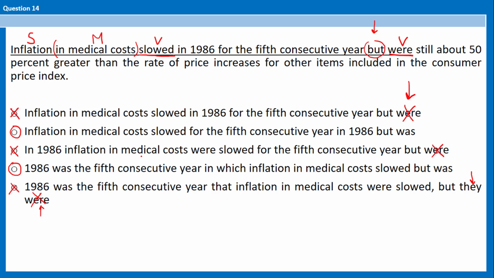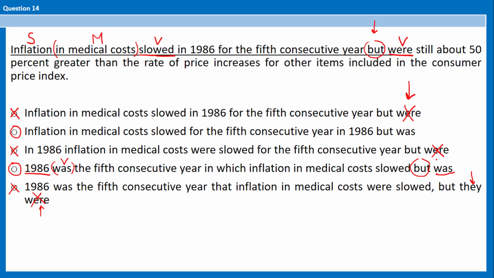Now be careful with number 4. In number 4 you are changing the subject. The subject is 1986 and the verb is was. 1986 was the 5th consecutive year in which inflation in medical costs slowed, but was still about 50% greater.